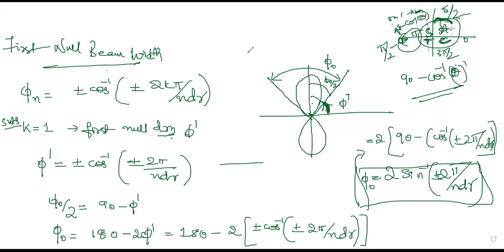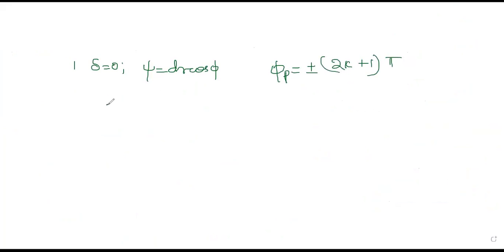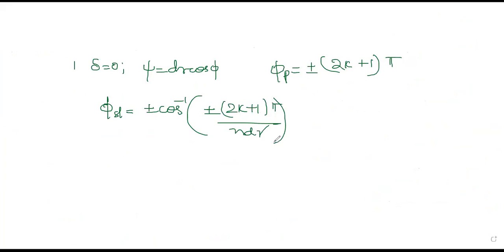So a broadside array, you should remember, I'll clear the screen. You should remember actually in a broadside array, the first thing to solve the problem, delta is equal to 0, xi is equal to dr cos phi, and peak direction formula is plus or minus 2k plus 1 into pi, and phi side lobe is equal to plus or minus cos inverse of plus or minus 2k plus 1 into pi by NdR.